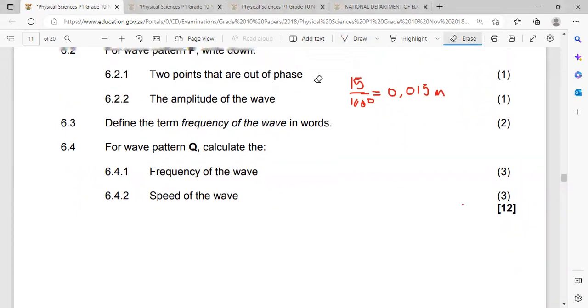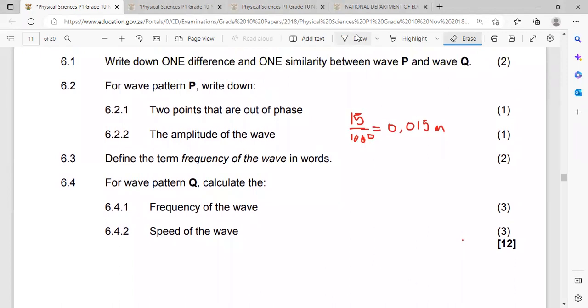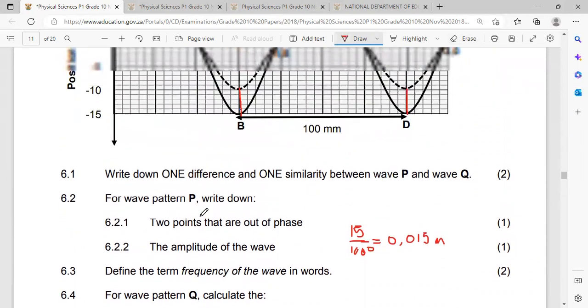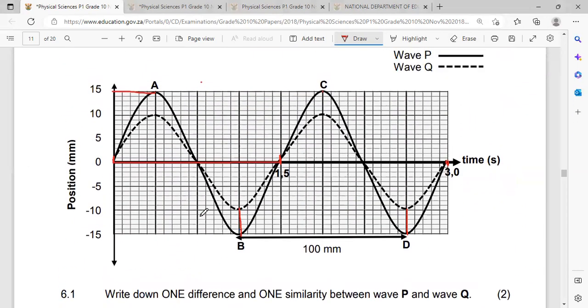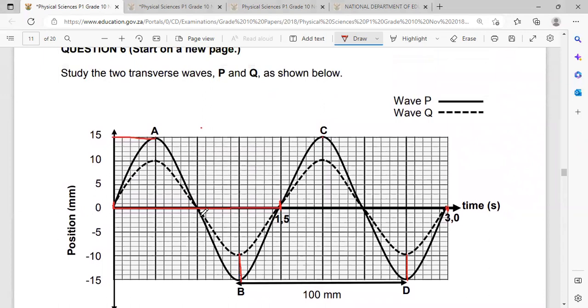So we're gonna focus on wave pattern Q. They want us to find the frequency and the speed of the wave. Do you still remember those formulas that I showed you? It would be really nice for you to have them near you.